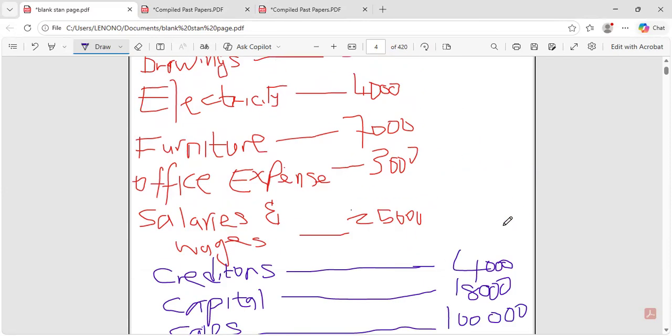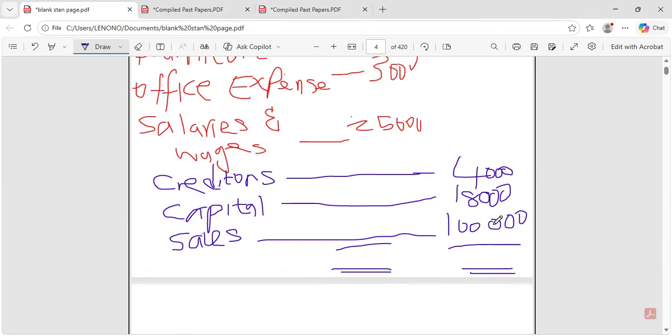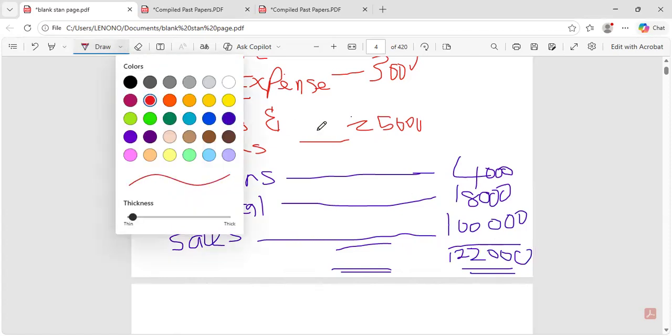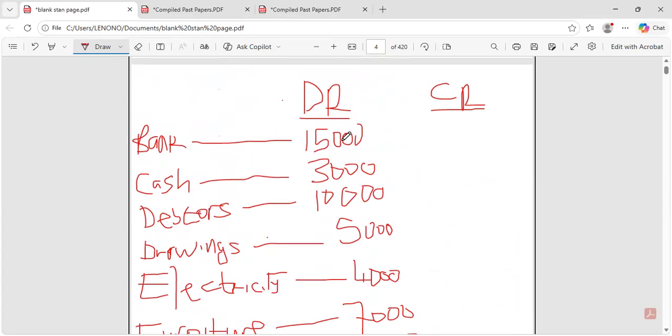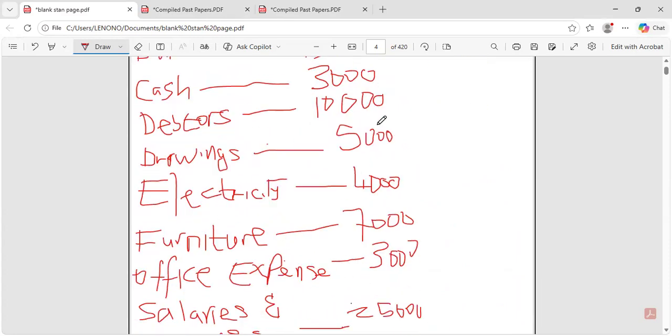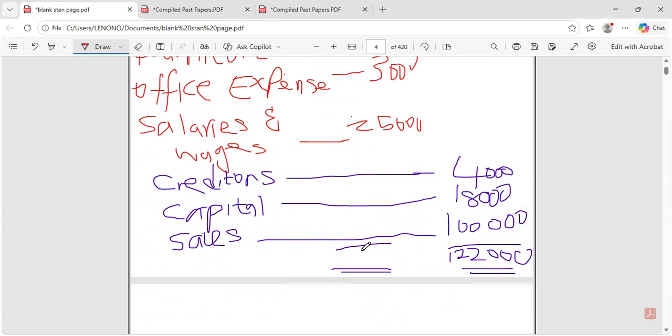So let's add the total here. So this is giving us 122,000, right? Then this other one here is also giving the same value.